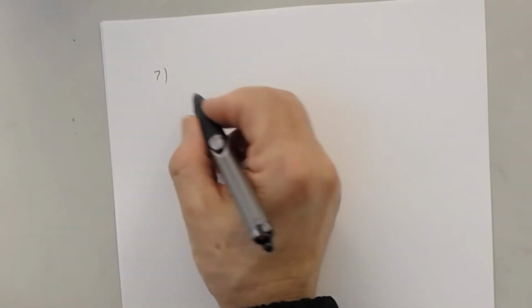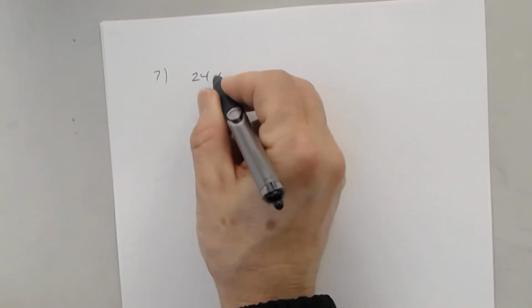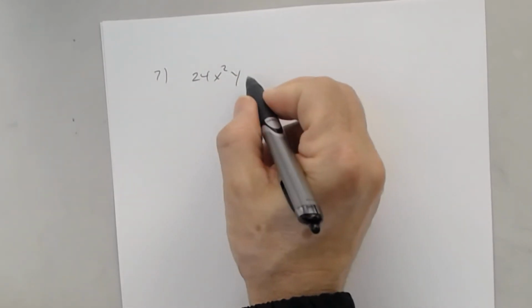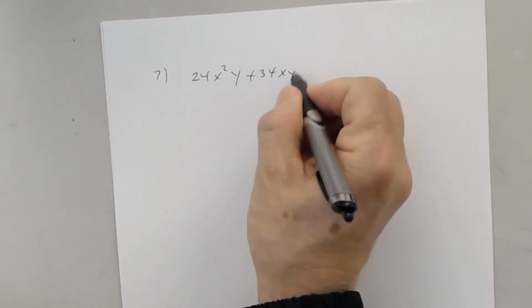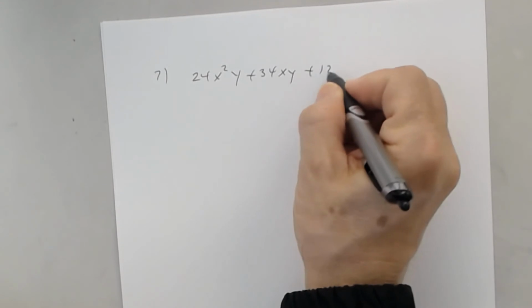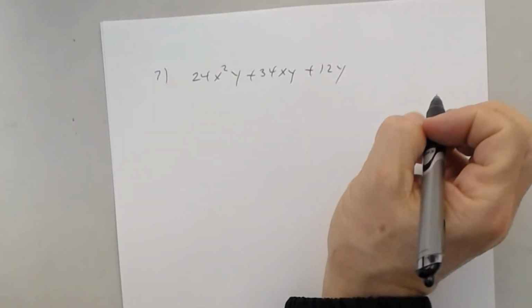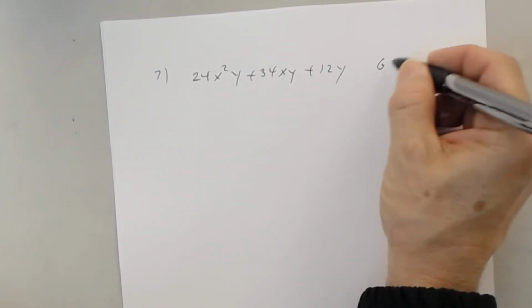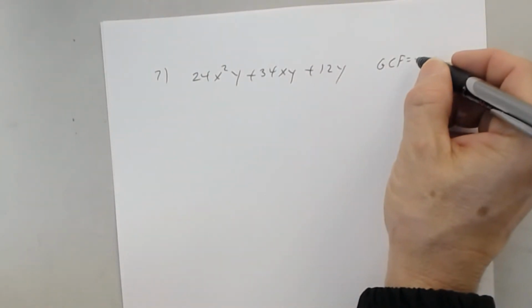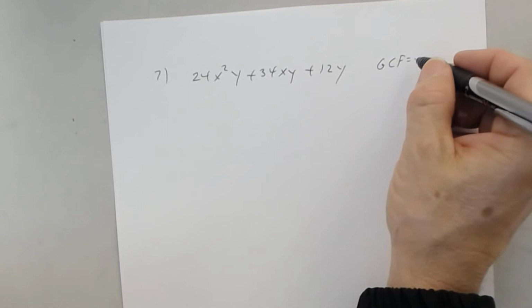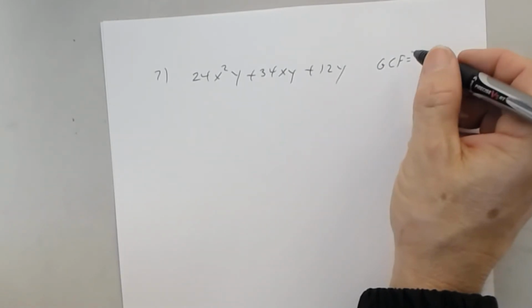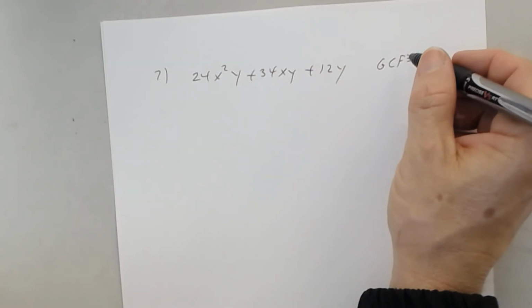All right, suppose you had this. 24x squared y plus 34xy plus 12y. What's the GCF? 3 does not go into 34 evenly.